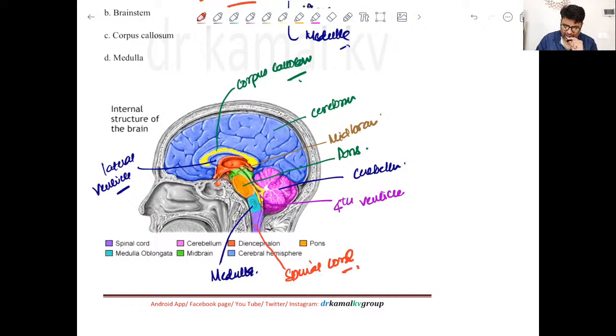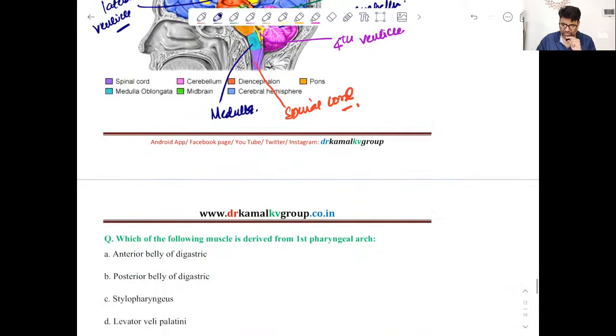And then here we have the thalamus and hypothalamus, which is known as the diencephalon, right? So this is in short about the sagittal section. So please be perfect with the structures, neural structures.